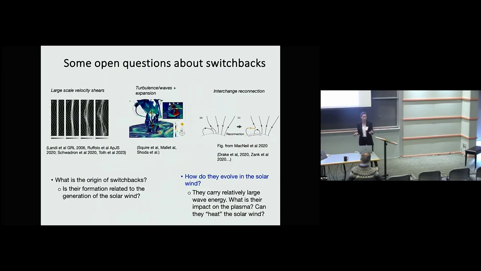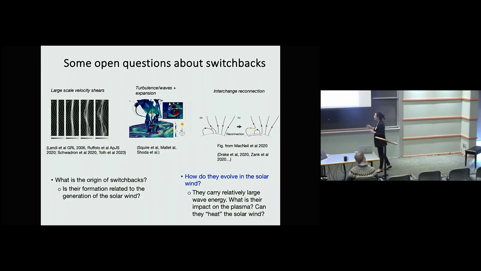First and foremost, where do they come from? This is important because they can help us to understand the very origin of the solar wind. Some groups have posited that switchbacks, in fact, are a byproduct of processes in the corona, such as interchange magnetic field reconnection. And so they relate the generation of switchbacks to the formation of the solar wind.